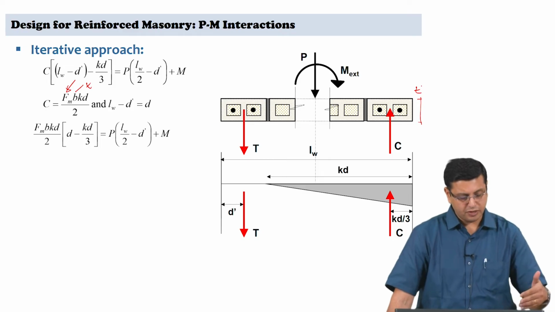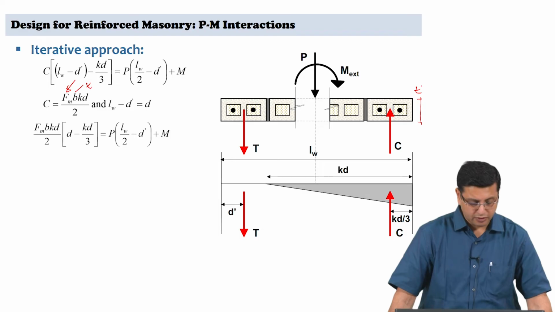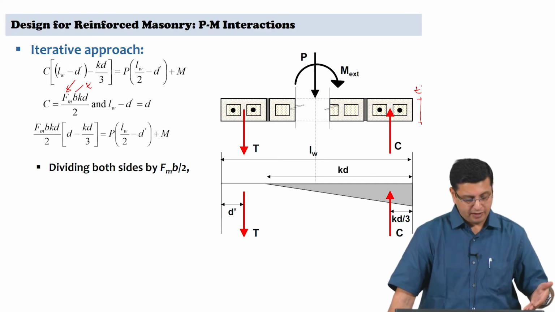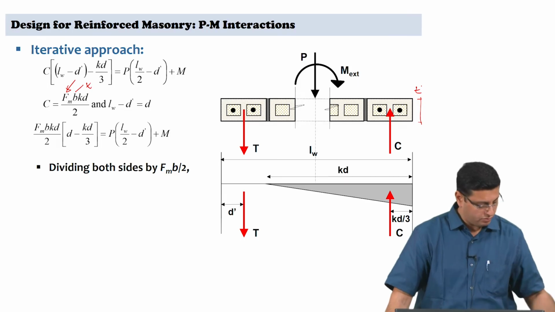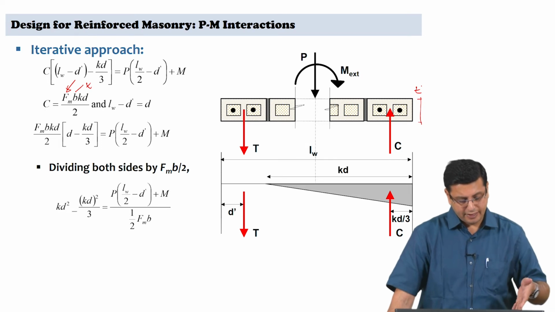So, substituting the value of C in the previous expression, you write down this expression from equilibrium, and then simplify it. We are dividing both sides by Fm b by 2, removing Fm b by 2 on the left hand side, and you will see that you get a quadratic equation in kd.